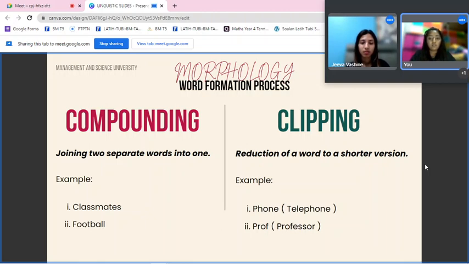Joining two separate words into one, as with these two examples, is called compounding. And next, clipping. Clipping is the reduction of a word to a shorter version. For example, phone: the original word is telephone, and they clipped it and it became phone. And professor, the shorter version is prof, from the original word professor. Moving on.